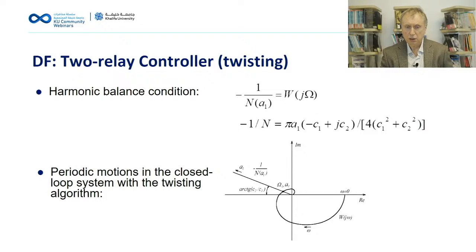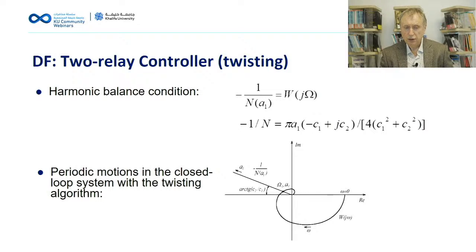And we can see that the ratio of the imaginary part and the real part is constant. That means that the negative reciprocal of the twisting algorithm is simply a straight line, which is shown here in this plot.